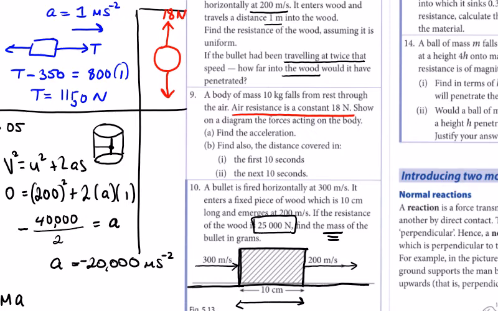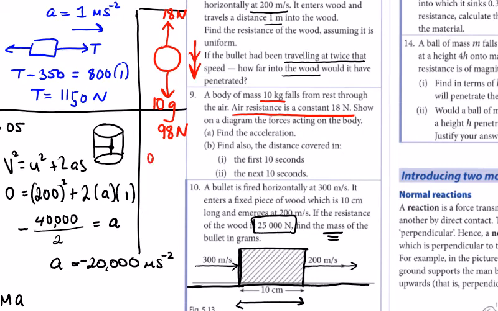Well, what's bringing it down? mg is bringing it down, which is 10g. We've seen this before. And 10g is 10 by 9.8, which is 98 newtons, going down that way. So because it's going in this direction, my acceleration is in this direction.